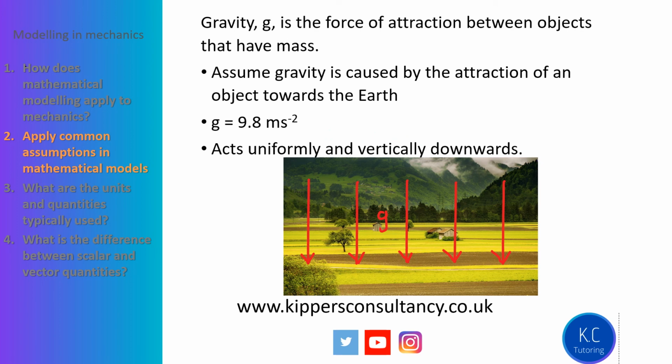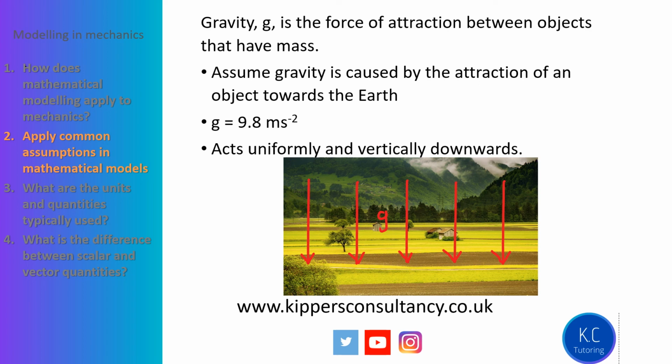Gravity is a force that acts between objects that have mass. In maths mechanics, we assume that gravity is caused by an attraction of an object towards the Earth. The value we assume for gravity is 9.8 metres per second squared.